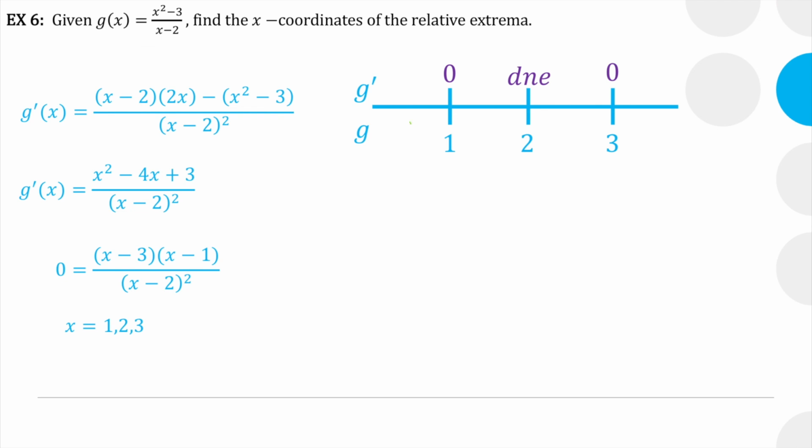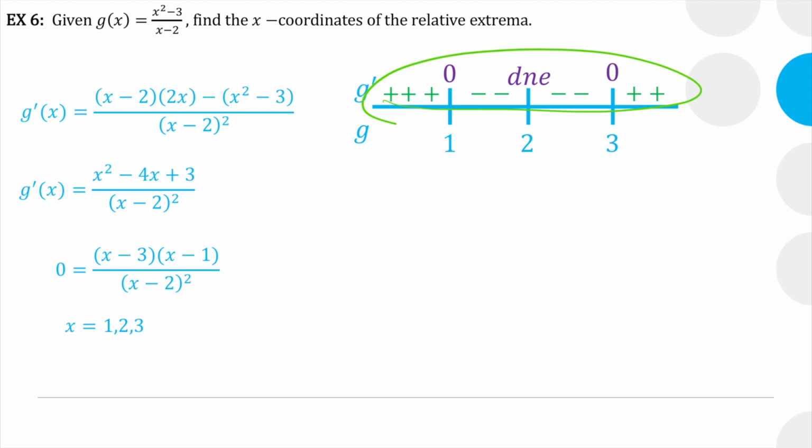Plugging in values, if I plug in a 0, I get positive. If I plug in like 1.5 or something, I'll get negative. If I plug in 2.5, I get, oh, negative again. And if I plug in like 4 or something, I get a positive. So this is when I was saying, these don't always just alternate positive, negative, positive, negative.